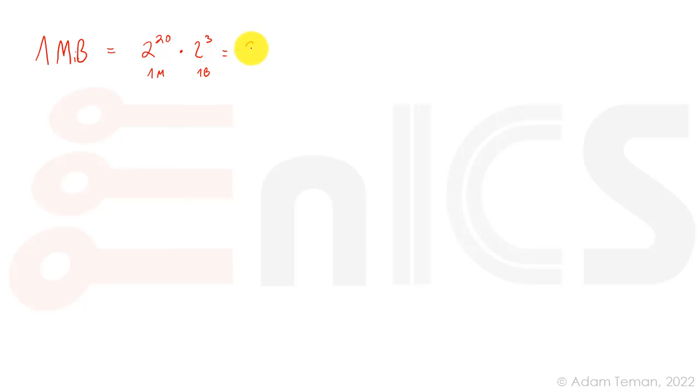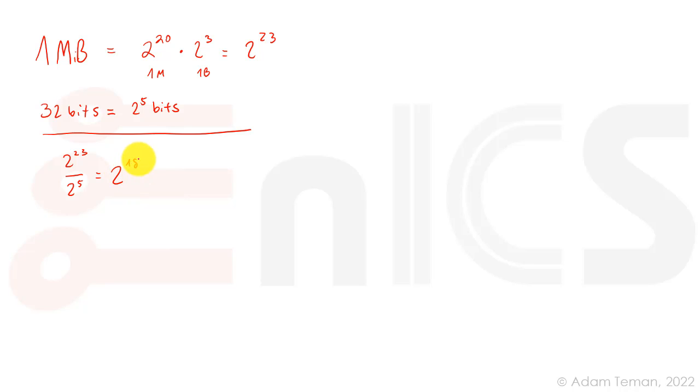That gives us 2 to the power of 23 bits. And we asked how many words there are that are 32 bits. So 32 bits equals 2 to the power of 5 bits. When we want to ask how many words there are, we take 2 to the power of 23, divide it by 2 to the power of 5, and we reach 2 to the power of 18.